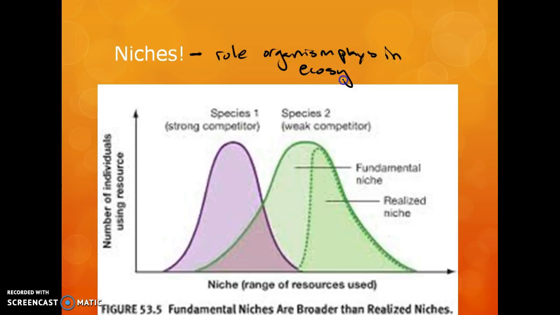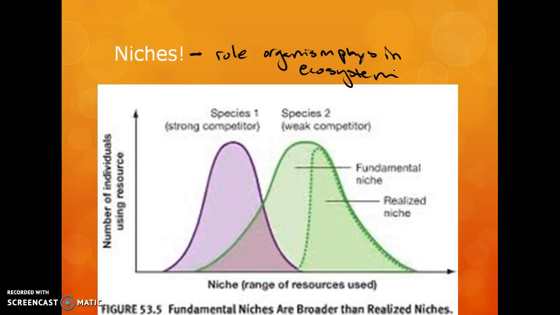Another way to look at it is the sum of the resources that an organism uses within its ecosystem. And that's like everything, right? It's more than just its habitat. It's where it lives, what it eats, how much it drinks, what it needs in order to promote reproduction. It's all of the resources that it consumes within its ecosystem.